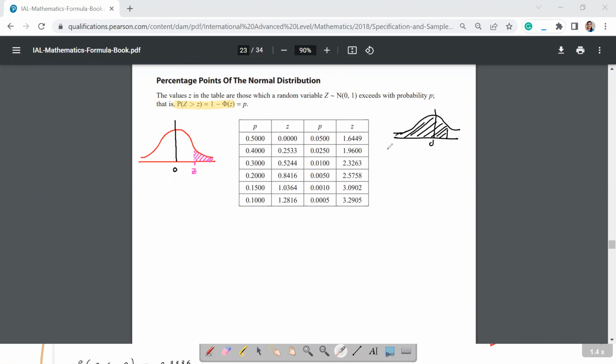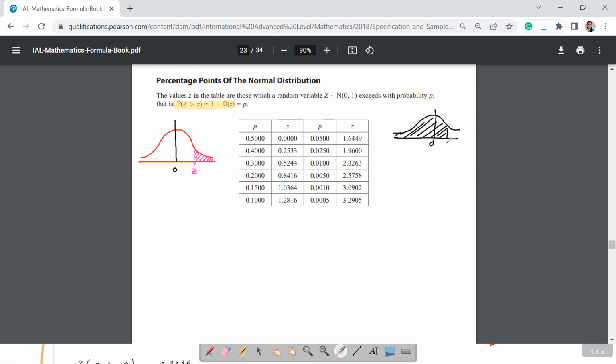They gave you the area to this side. So this is what we were working with in the previous table. There you had a positive Z value and you had the area behind. But in this second table, again it's a positive Z value, but the area is given to the front side, not to the back. Can you guys understand? This is what's important here.